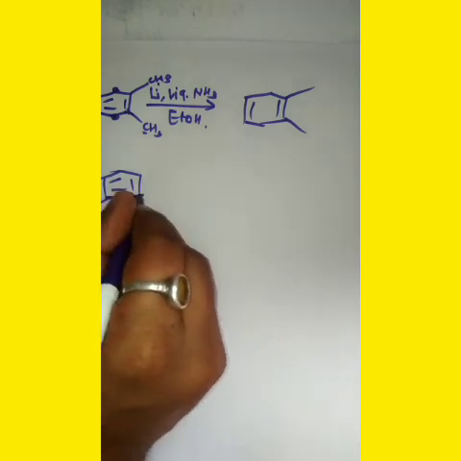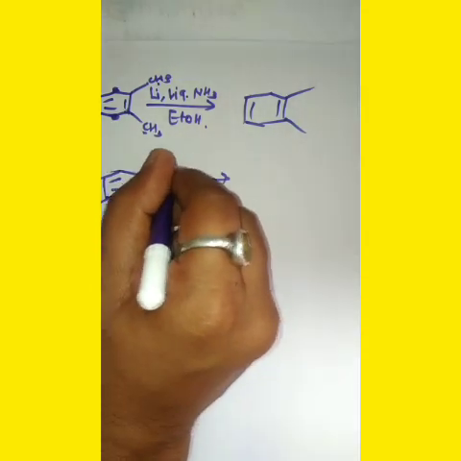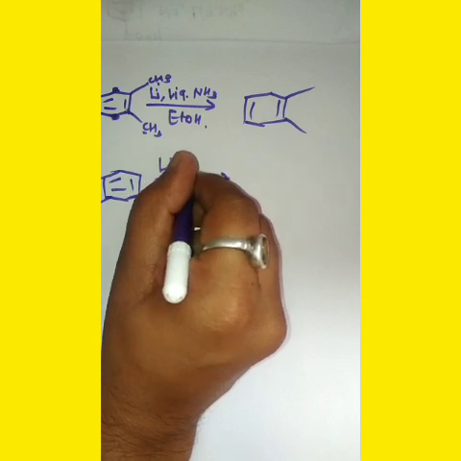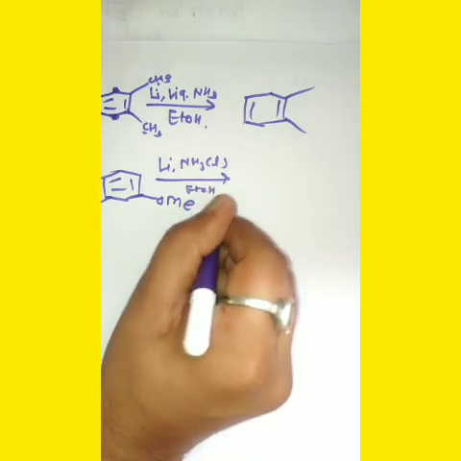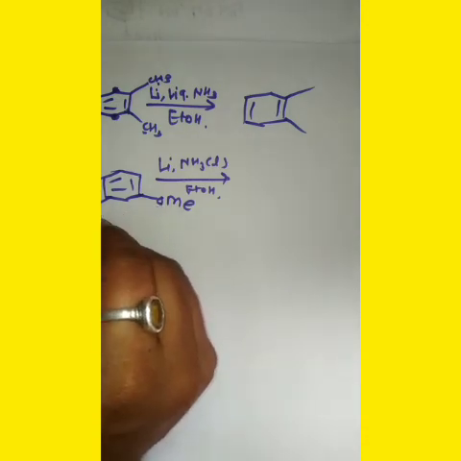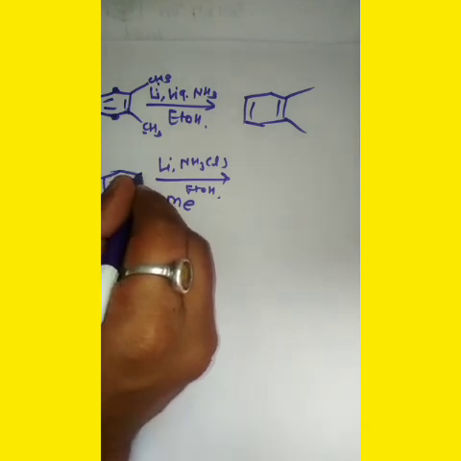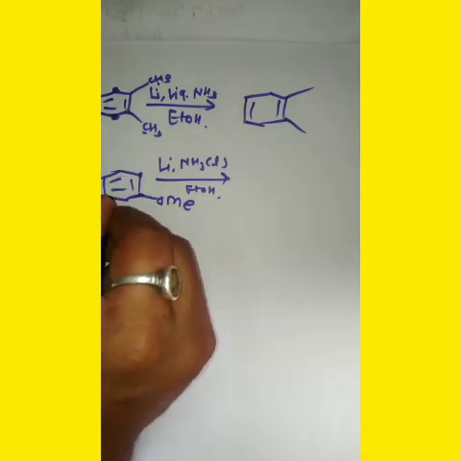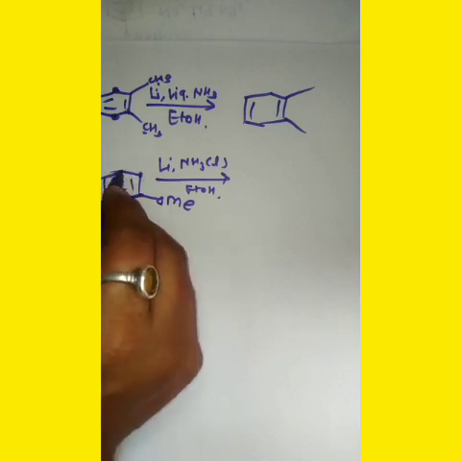Okay, now we take another example. Here is a methyl group, here is an OMe group. Both are electron donating groups. Lithium in liquid ammonia, ethanol solvent. The OMe group is more electron donating as compared to the methyl group. So first consider it with respect to the OMe group. Here is the ortho position, and this one is the meta position.